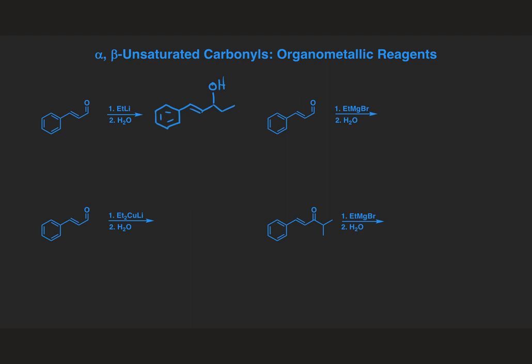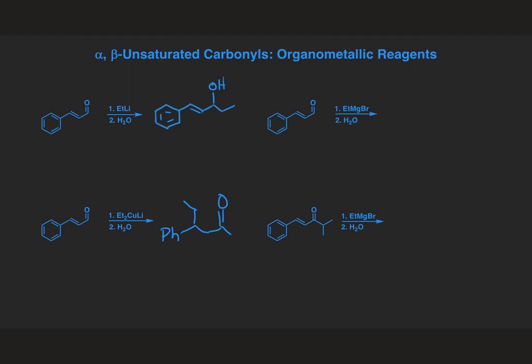Alkyl cuprates, on the other hand, are weaker nucleophiles, and they will actually favor addition at the beta carbon. And so this particular structure, I expect to form this intermediate where I have added at the beta carbon my ethyl group and kept my ketone intact.